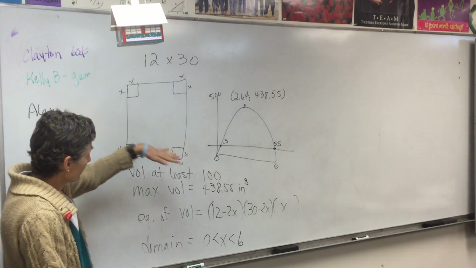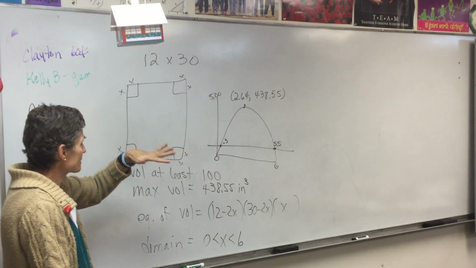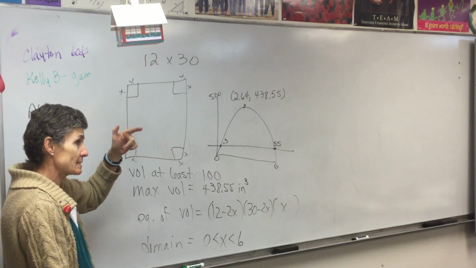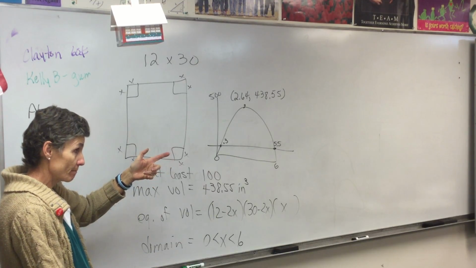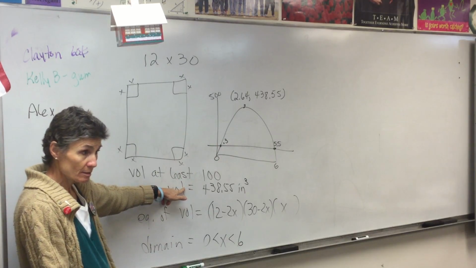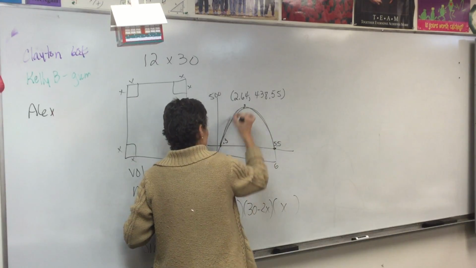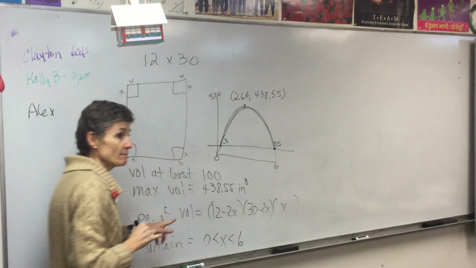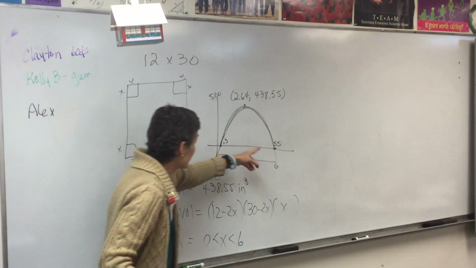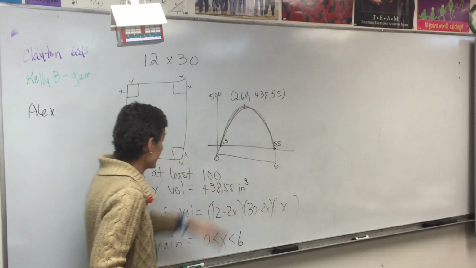Okay, now 0.3 and 5.5 are the places where what happens? The volume is exactly 100. We need the volume to be at least 100, so that is everything in between them. Because in between there, the volume is higher than 100.